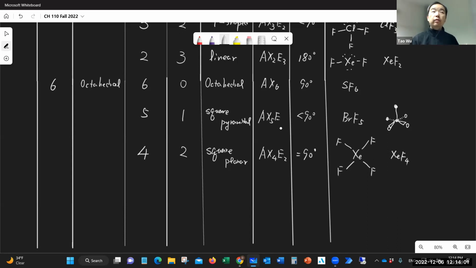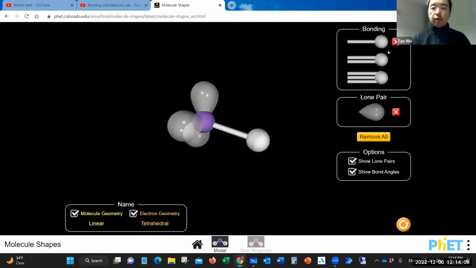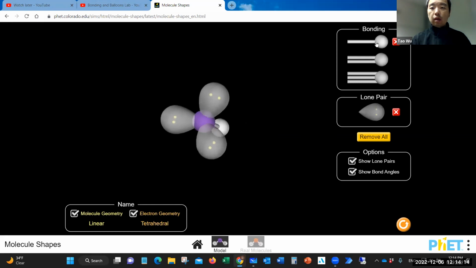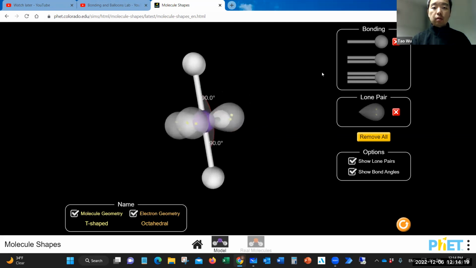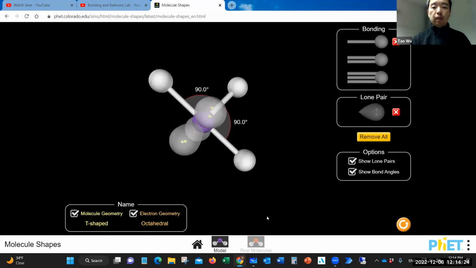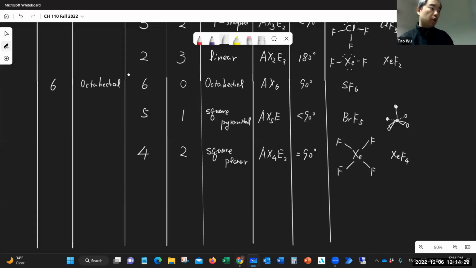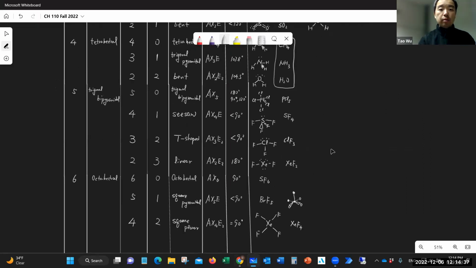If we have a 3 electron domain with 3 lone pairs, usually we don't have this shape. Although it's called T shape, usually I don't talk about it. So generally, this is pretty much the topic we're talking about for geometry.